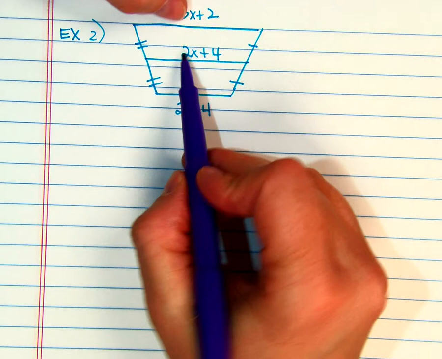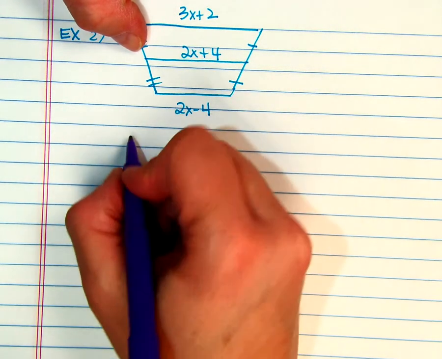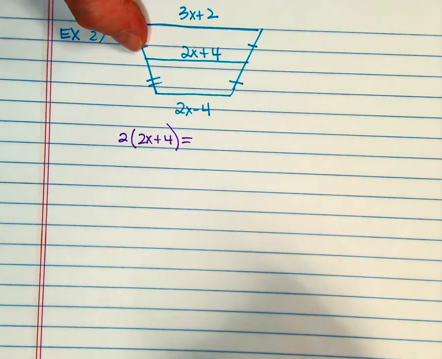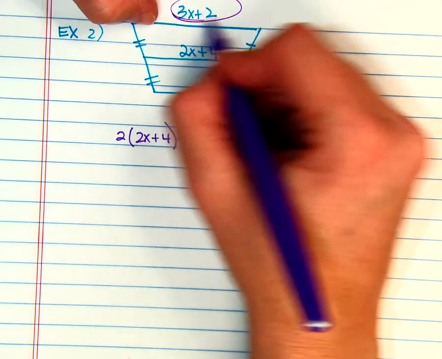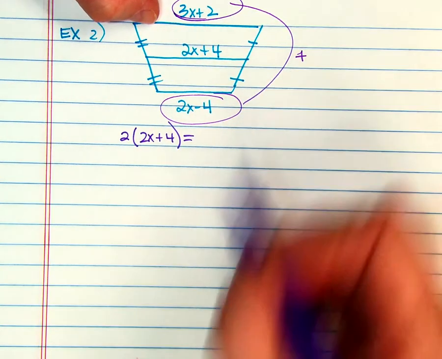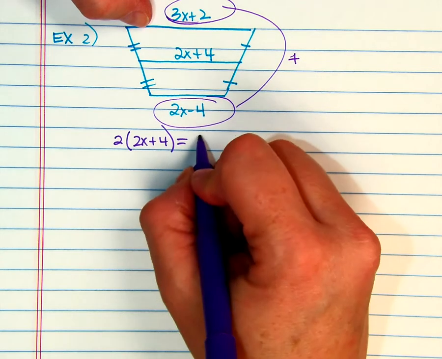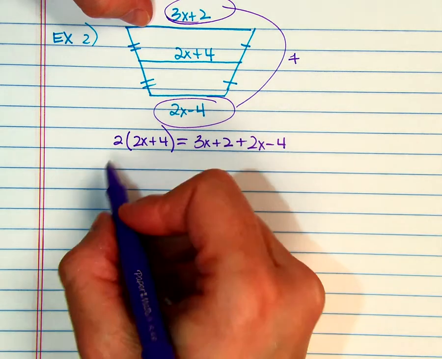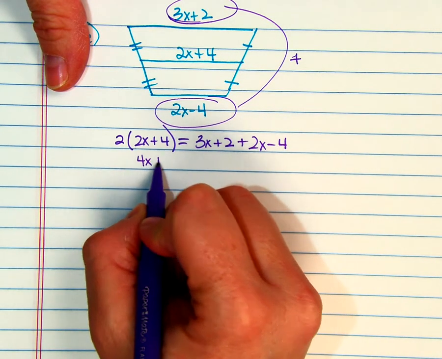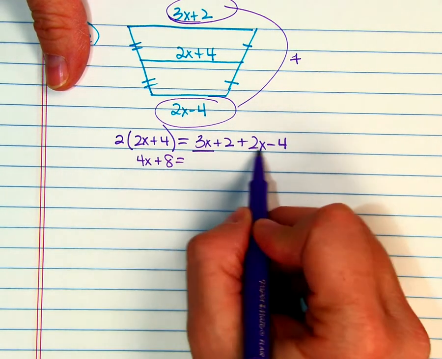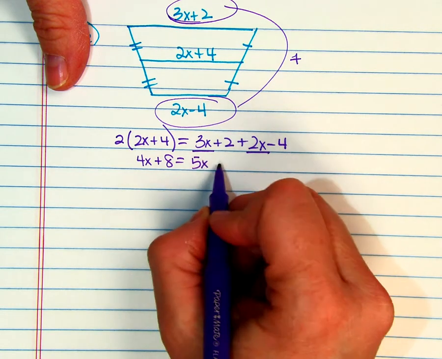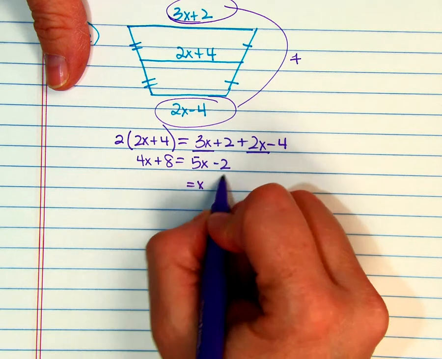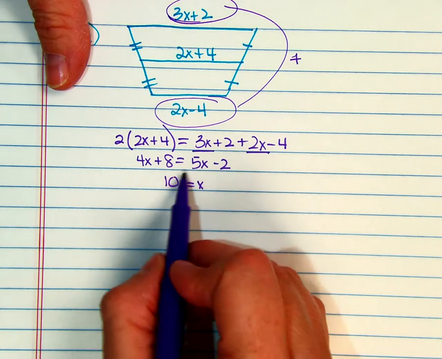So I know 2 of these, so 2 of my midsegments equals what I get when I add those 2 up. So I have 3x plus 2 plus my 2x minus 4. So I have 4x using the distributive property plus 8. Combining some like terms, I get 5x minus 2. Simplify, moving my x's, moving my 2. So I get x to equal 10.